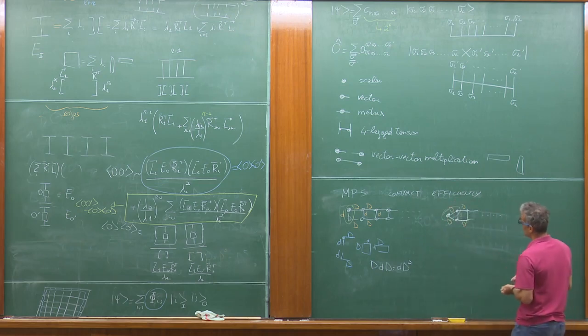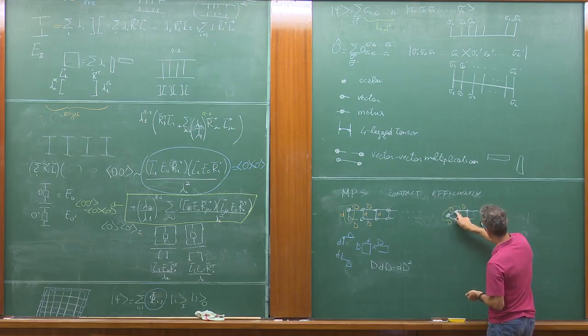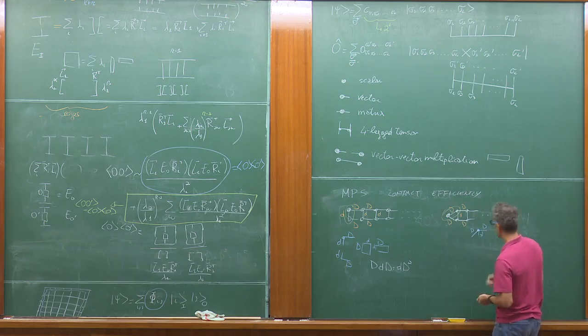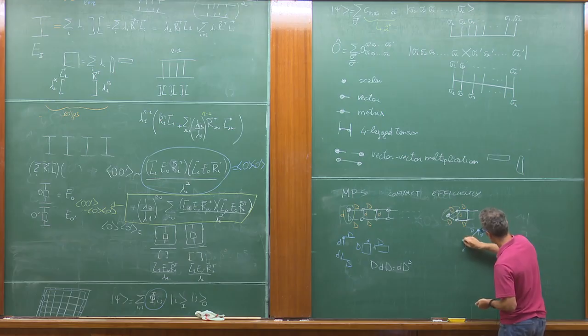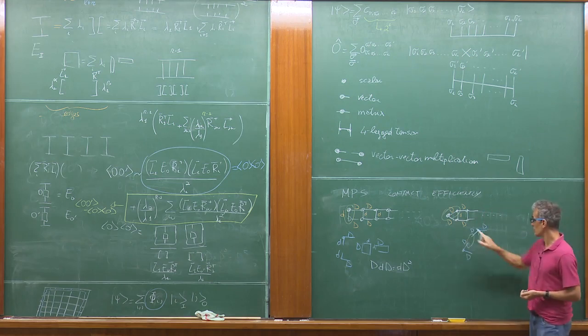How much is it going to cost me? I have an object like this with D and small d, and then I have another object here which has dimension big D and big D. And I'm contracting over this one here.